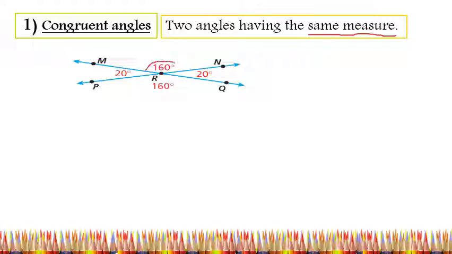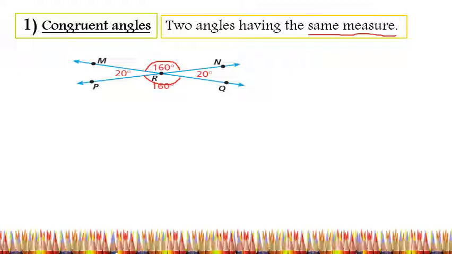It's equal to 160 degree. This is angle MRN. We have here another angle, which is 160. How to name it? We put R in the middle, P at the beginning, Q at the end, or we can inverse them. So we can say that angle PRQ is equal to 160 degree. And keep in your mind, we have to put the sign of the angle above the vertex, okay?